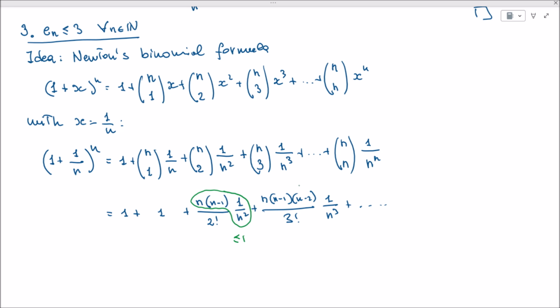The same way, this part of the fourth term is again less than or equal to 1, because it will contain at the numerator n times n minus 1, n minus 2, whereas at the denominator we have n times n times n. So the same way we can identify similar terms in the entire right hand side.